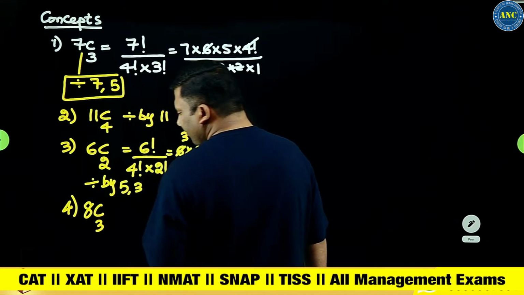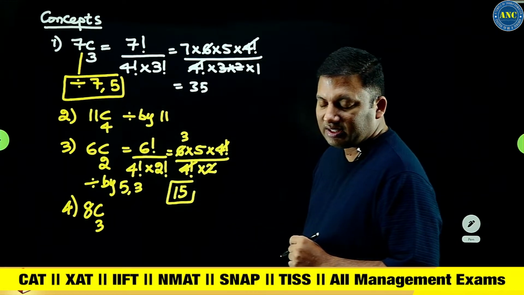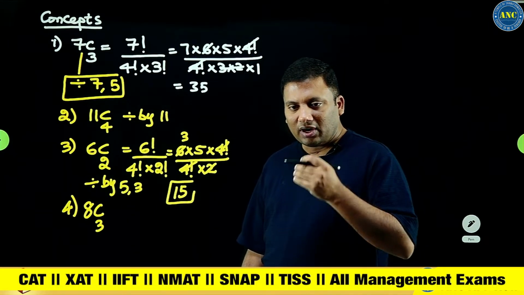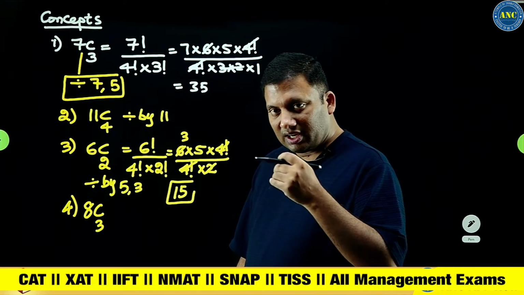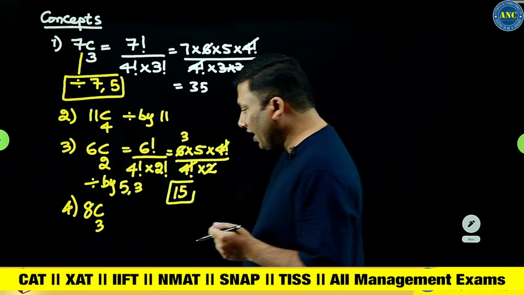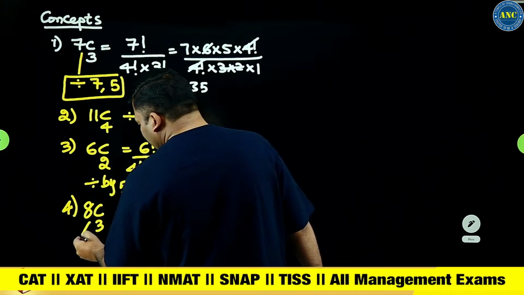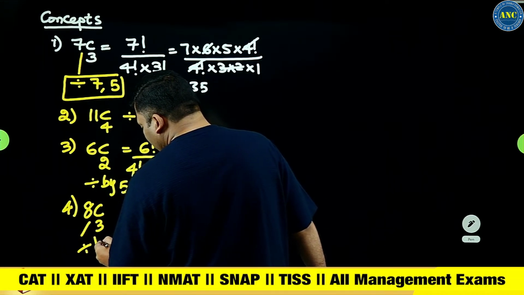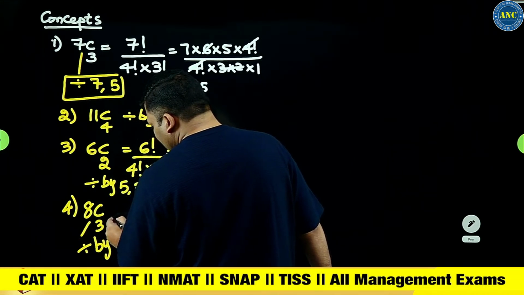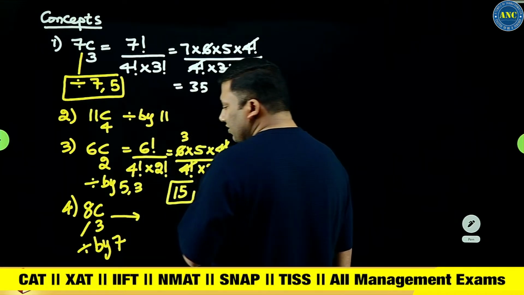8C3. What is the concept that I discussed? What is the prime number just less than 8? 7. The answer should be divisible by 7.